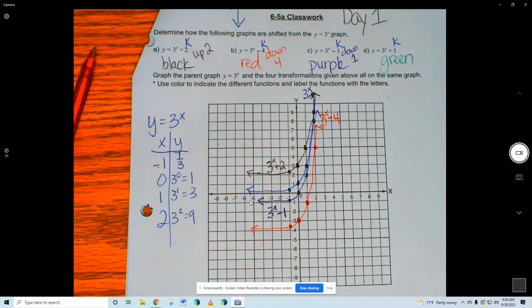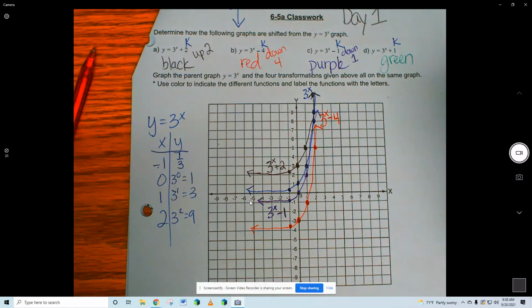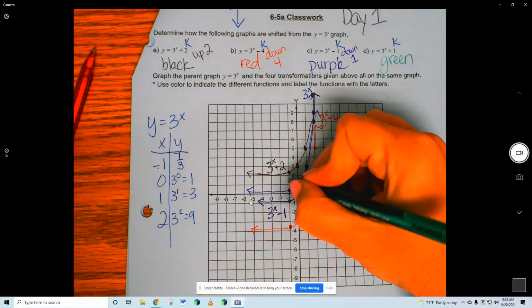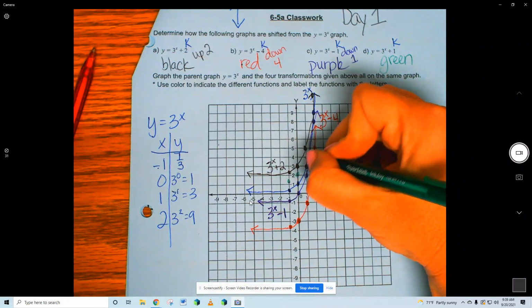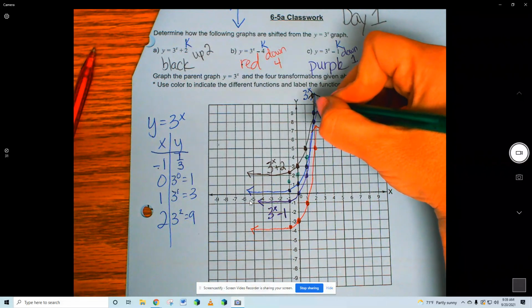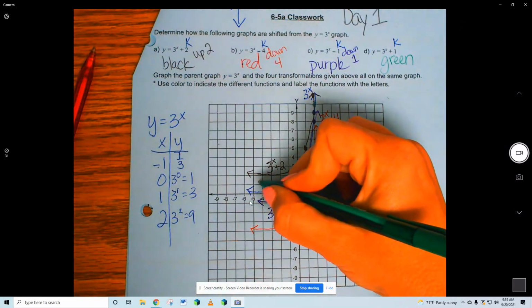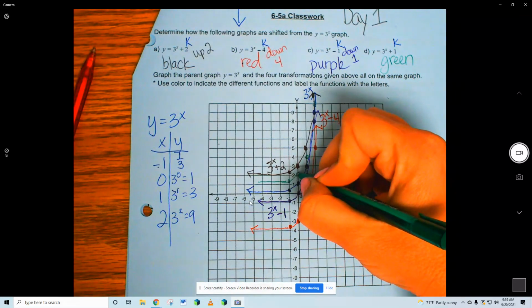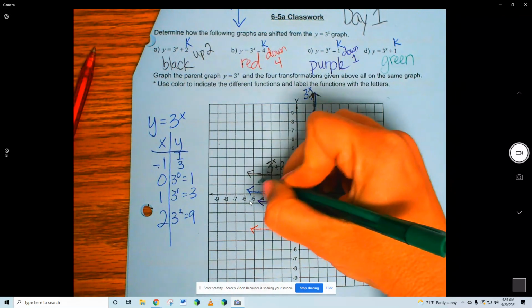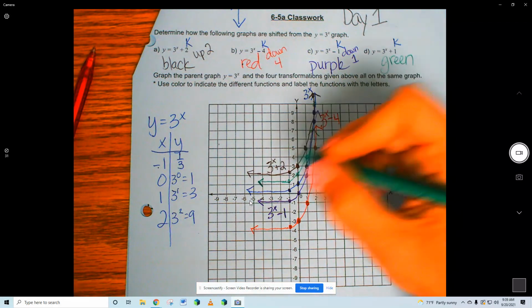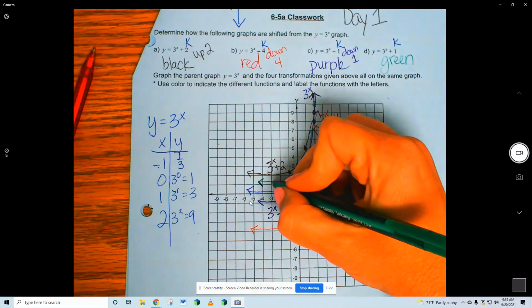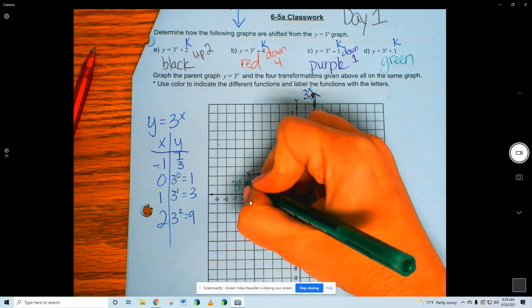Okay? Lastly, green. Up 1. And do the last one, up 1. From the parent function blue, go up 1. Oh my goodness. 3 to the x plus 1.